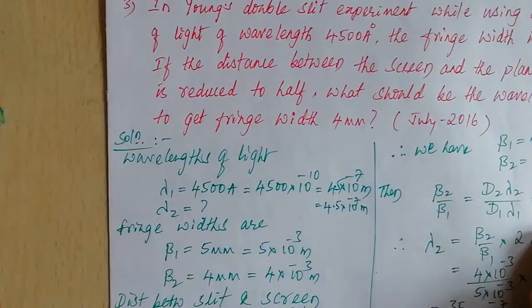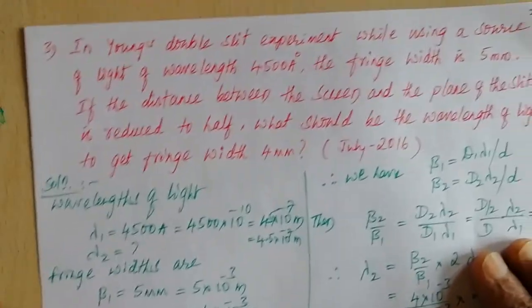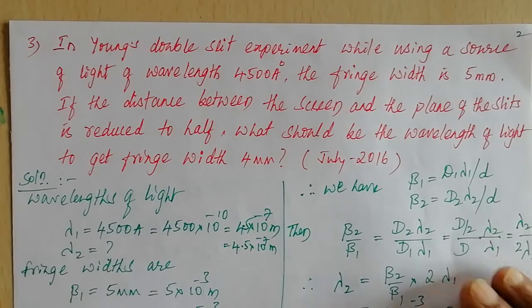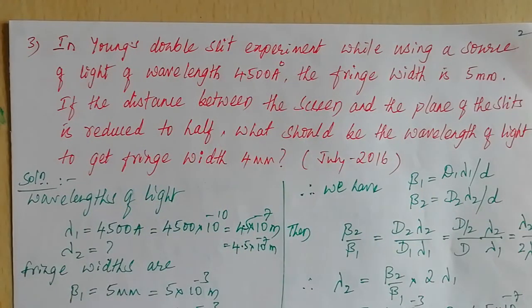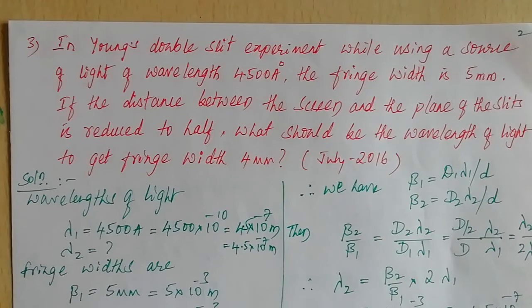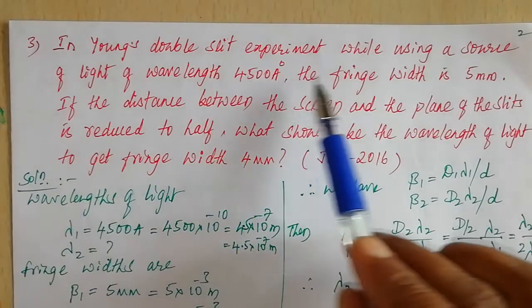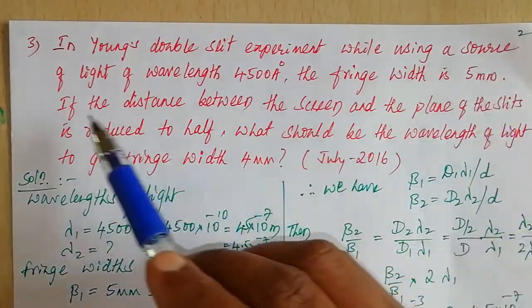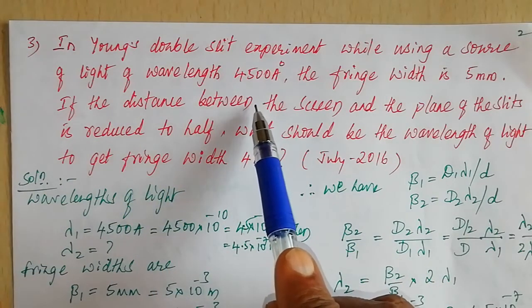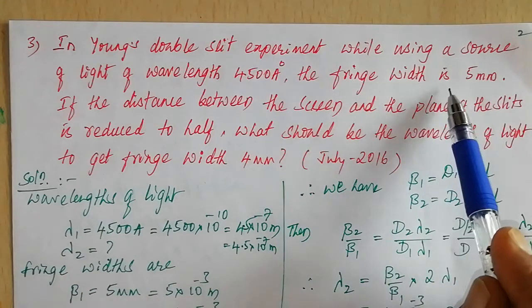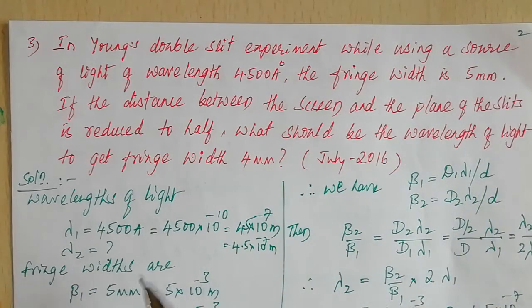Further, the third numerical sum. In a Young's double slit experiment, while using a source of light of wavelength 4500 angstrom units, the fringe width is 5 millimeter.